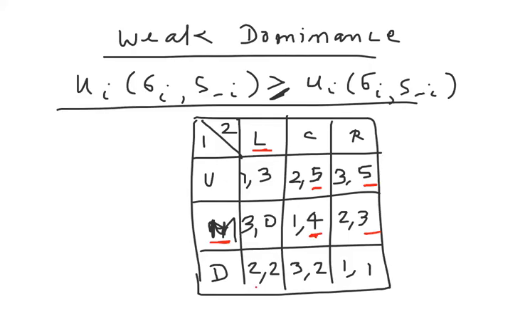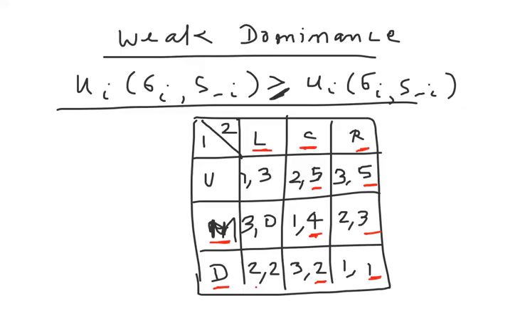And when player 1 chooses down, then C results in a payoff of 2, and R results in a payoff of 1. So clearly, strategy C is as good as strategy R for player 2 here.